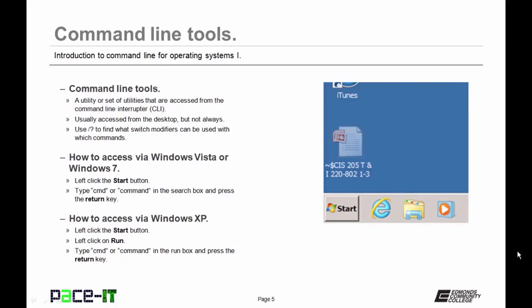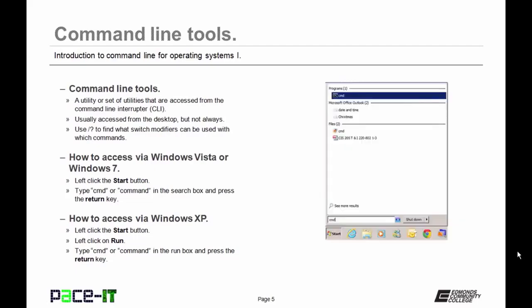When you want to access the command line from Windows Vista or Windows 7, you left click on the Start button, and then in the Run box, you type in Command or CMD. That'll get you access to the command line.